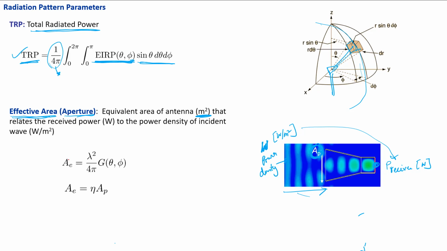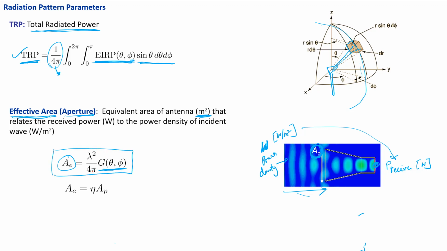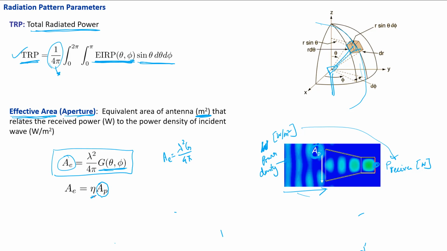That effective area is related to the gain of the antenna by this expression: lambda square G over 4 pi. This lambda square G over 4 pi is the effective area of the antenna. In some sense it's also related to the physical size of an antenna for aperture antennas, where it is proportional to the physical size and it depends on the efficiency of the antenna.